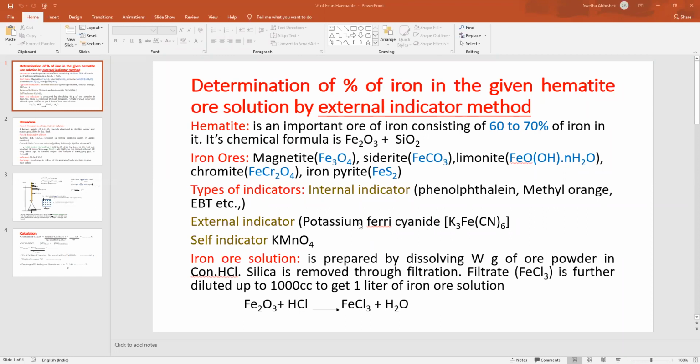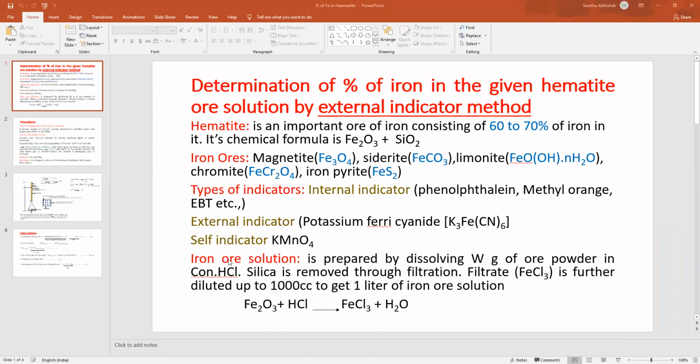Before I go through the procedure, I want to tell you how the ore solution is prepared. In order to estimate iron in hematite, first we need to prepare the hematite ore solution by dissolving the hematite ore. This part of the procedure is not there for your experiment, but just to know how ore solution is prepared, I have given a brief procedure here.